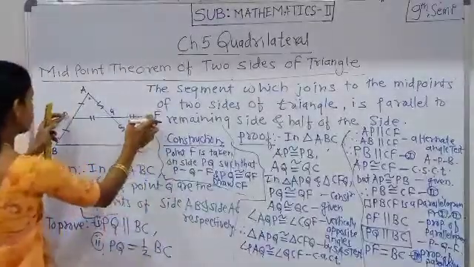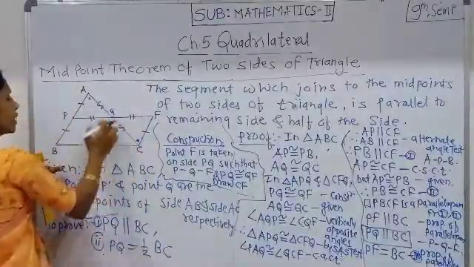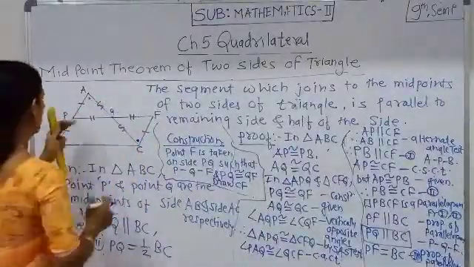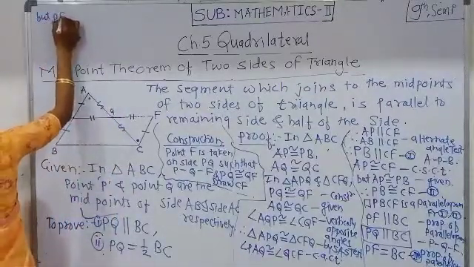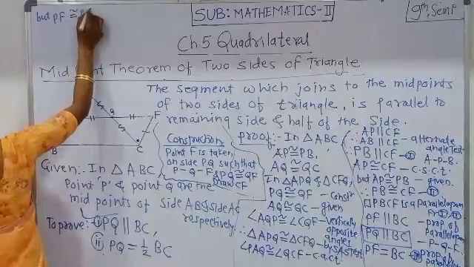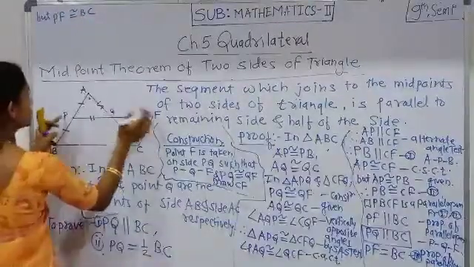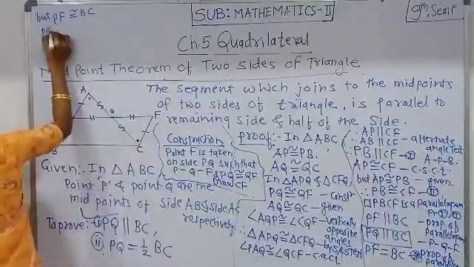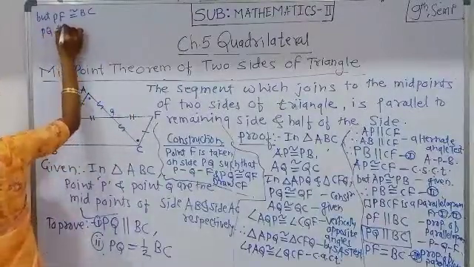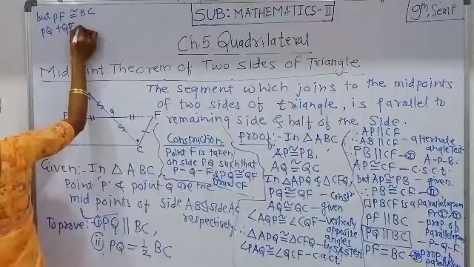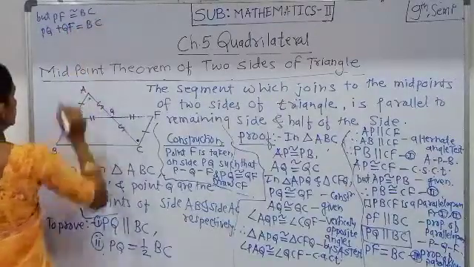As PF is congruent to BC, because opposite sides of a parallelogram are congruent. But PF is PQ plus QF, so PQ plus QF is equal to BC.